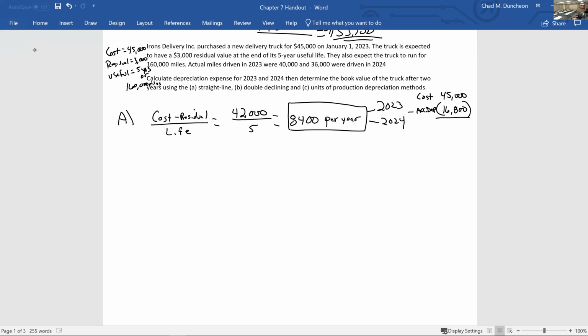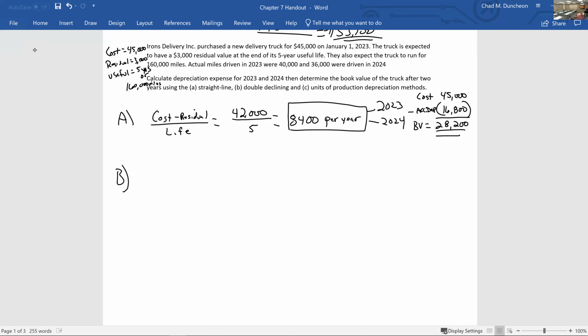And after 2 years of doing the straight line method, it's going to be $8,400 each year. So 28,200. That is our book value.